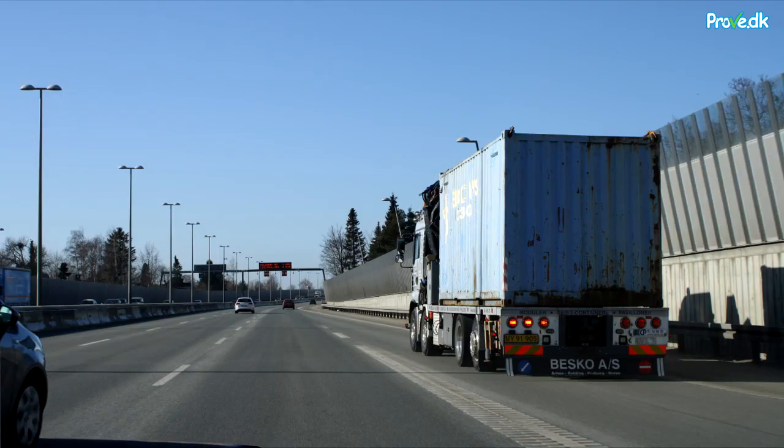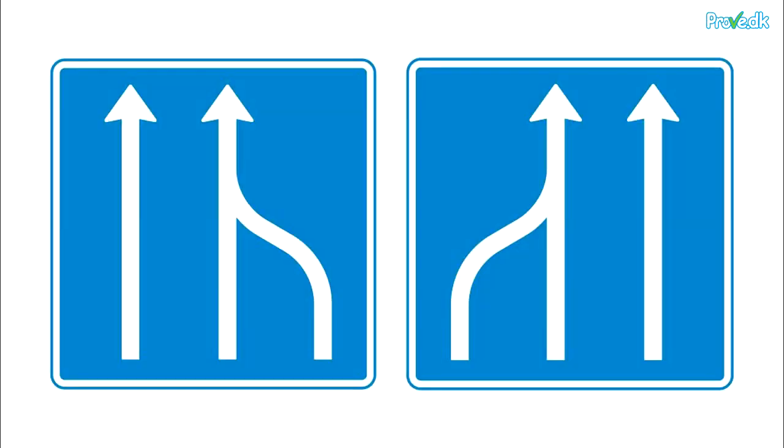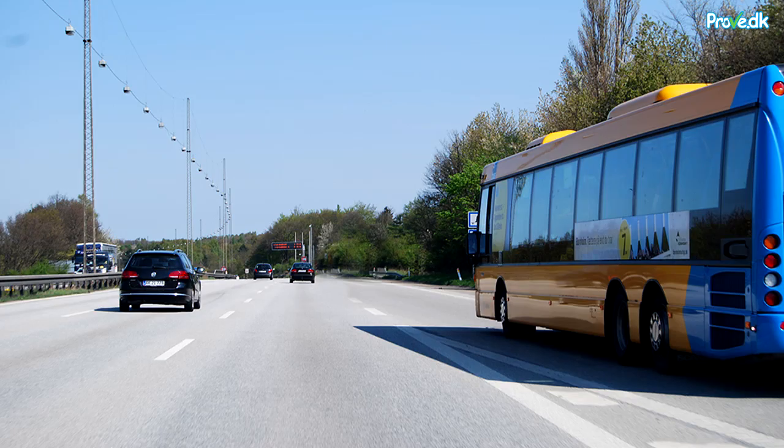In this situation, you have to let the lorry merge in front of you. Course of the road. This sign indicates the traffic flow and course of the road. If there are no vehicles behind, you have to change lanes, and if changing lanes is not possible, reduce speed and let the slower vehicle merge in front of you.